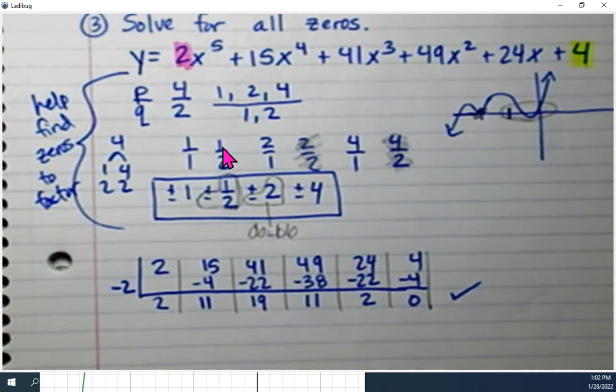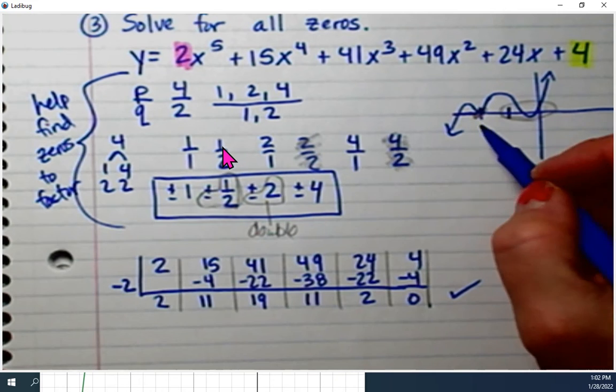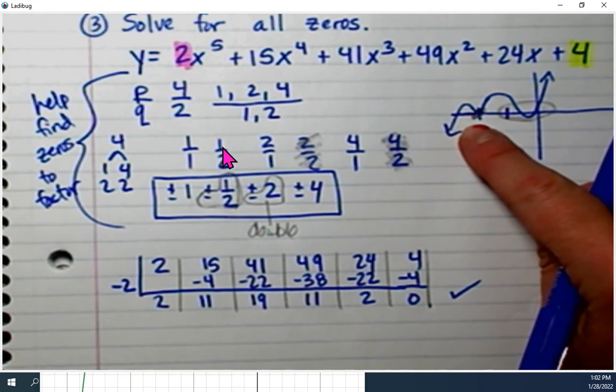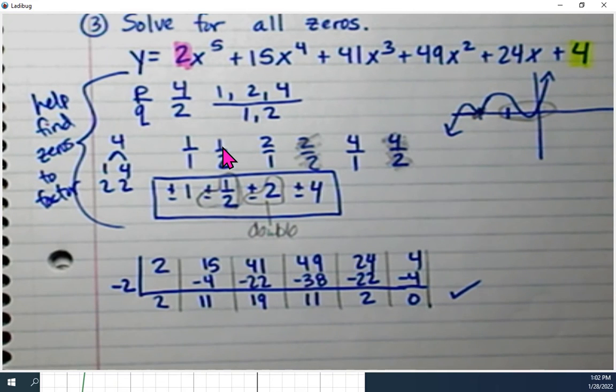I was expecting a remainder of 0. It also appears to be a double. So I'm going to do it again, right? It looks like that's a double 0 for the bounce. So I'm going to do it again.